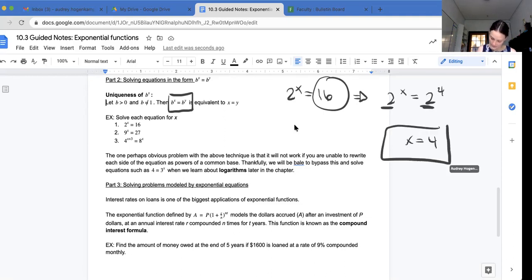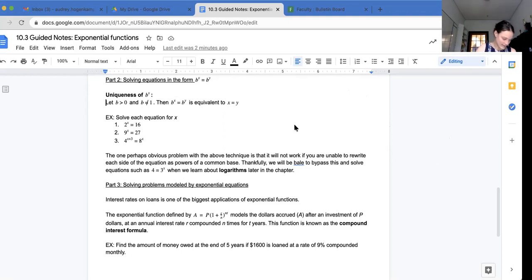Okay, let's do another example. So we have 9 to the x is equal to 27. Same thing. We want to look at this and see, okay, can we write 27 as a power of 9? Well, 9 squared right off the bat is 81. So the answer to that is no. But if we're looking at this, we can think to ourselves, okay, 9 and 27 seem like they're related. And the answer is they are, because they are both powers of 3.